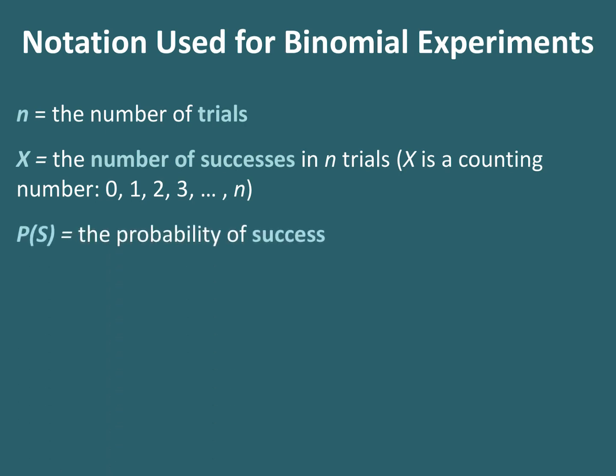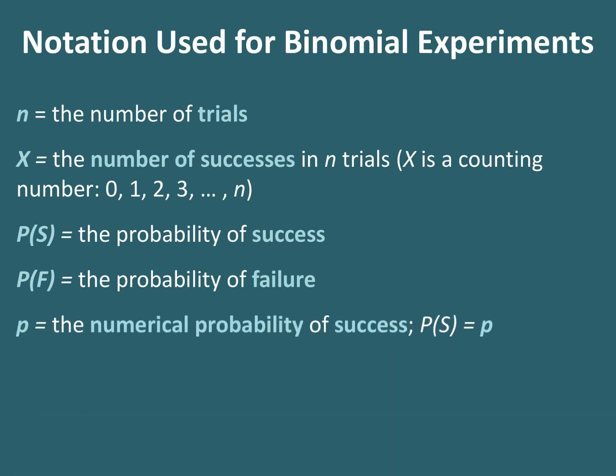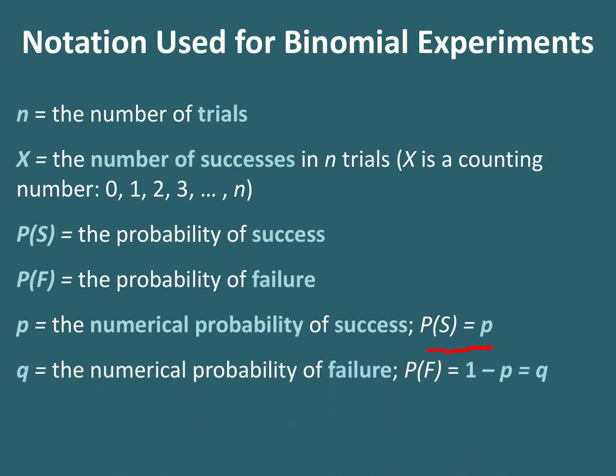P of S will equal the probability of success. P of F will equal the probability of failure. P will be the numerical probability of success, that is, P of S equals P. Q will be the numerical probability of failure, that is, P of F equals 1 minus P, that is Q. Note that P is the complement to Q.